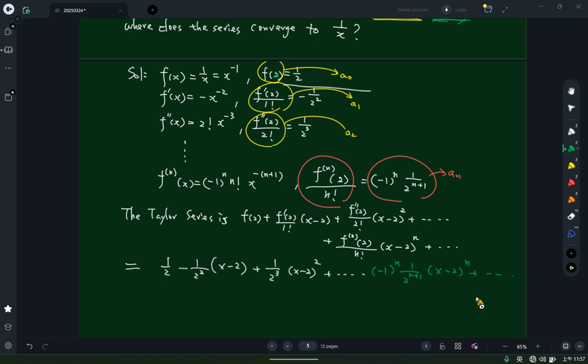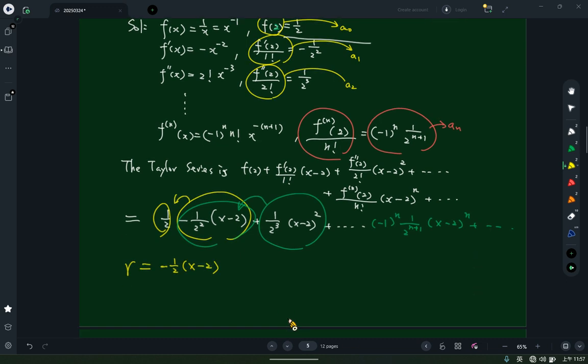So you can always see that when we use this one divided by this one, we always get its ratio R, which is negative 1/2 times x minus 2. And its initial value is 1/2.